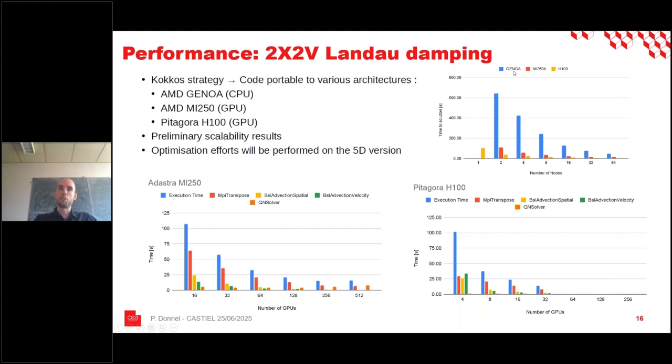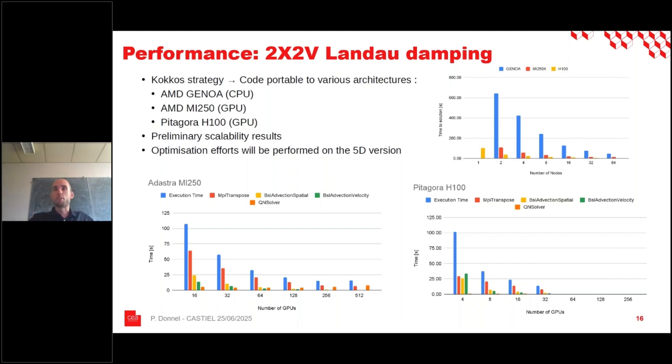So in blue, it's Genoa CPU nodes, and then in red and yellow, it's 2 types of GPUs. So in red, it's AMD, and in yellow, it's NVIDIA GPUs.